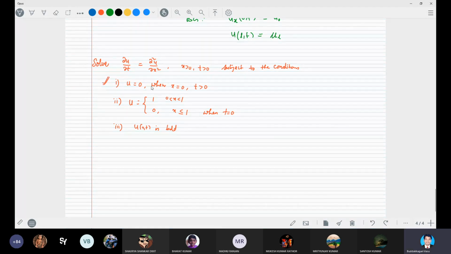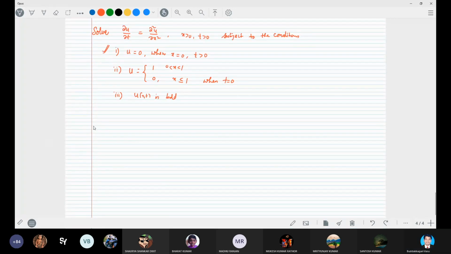So therefore, which transform is to be chosen to solve this equation? Sine transform. So we choose the Fourier sine transform on both sides of the equation.